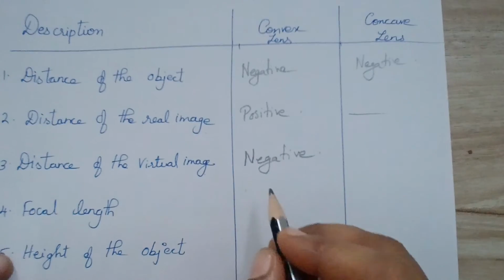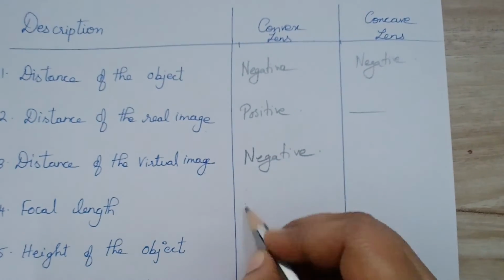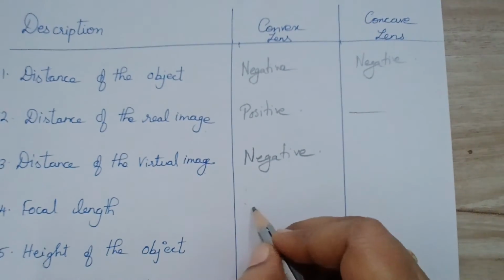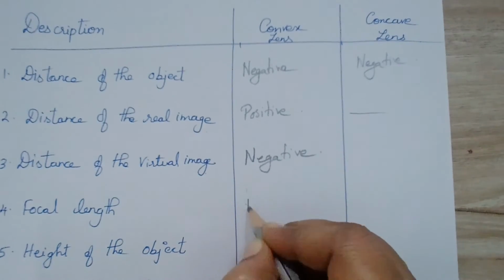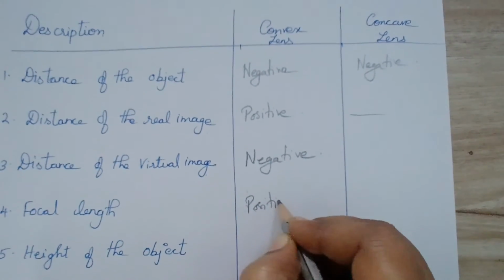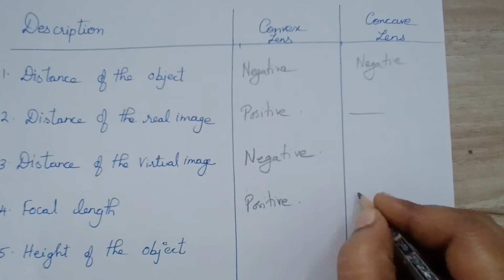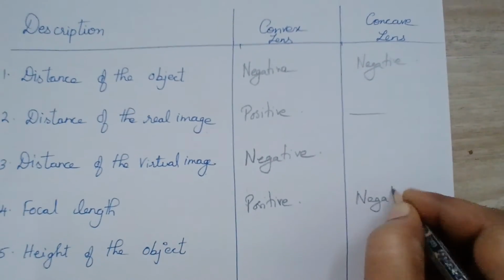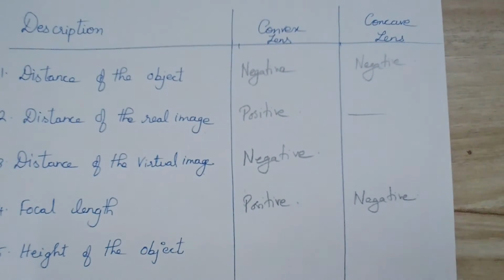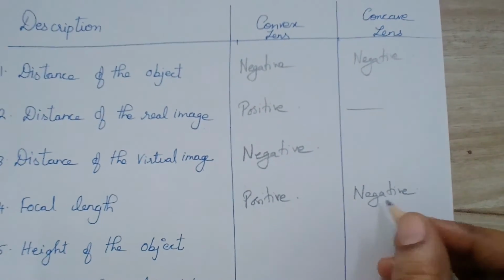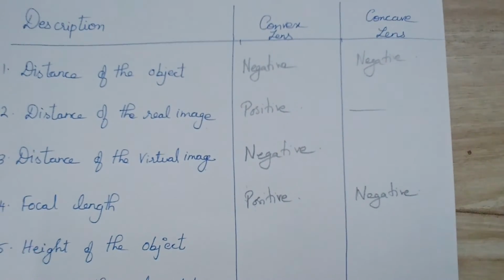Next, focal length. When the object is kept at infinity, you will get the image at focus, so it is positive for the convex lens. For the concave lens it is negative, because it appears to converge at the focus on the same side of the lens.